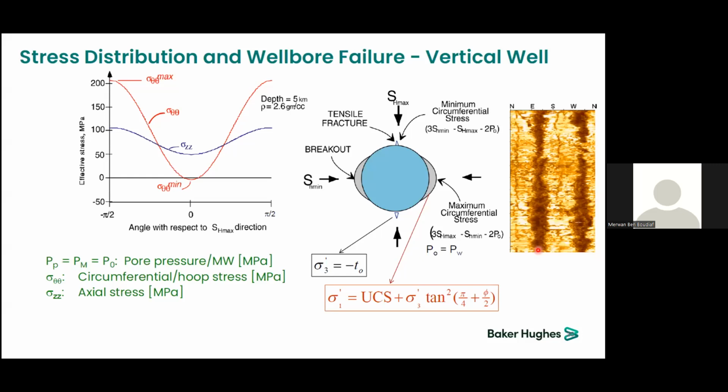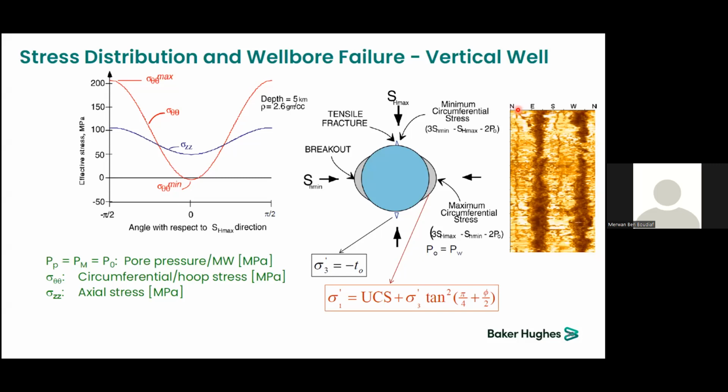As seen here, these very dark bands. And at the direction of SH max, when the magnitude of this minimum of tangential stress goes under the tensile strength of the rock, you have the appearance of what we call drilling-induced tensile fractures.